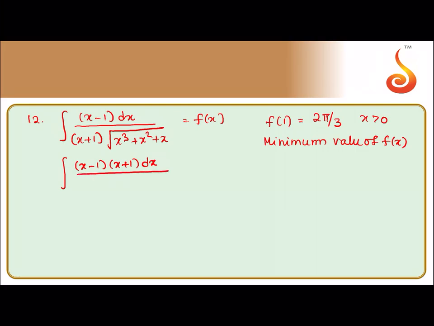I multiply and divide by x minus 1 into x plus 1. Why? Next step you'll understand. This becomes x plus 1 whole square under root of x cube plus x square plus x. Here see, you can't take x cube out. You have to take x square out.